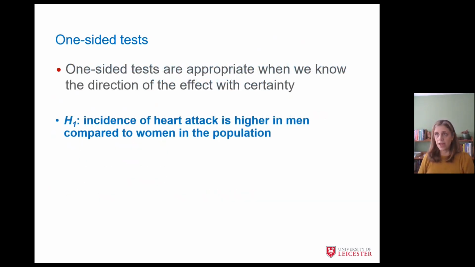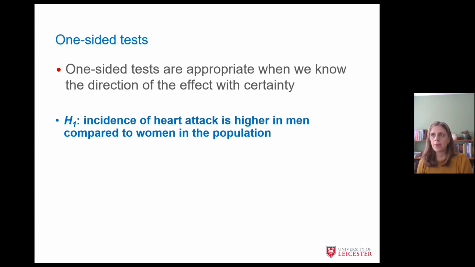There is an alternative though, which is doing a one-sided test. And this time, instead of our alternative hypothesis being that there's a difference, we're saying that incidence of heart attack is higher in men compared to women. So we're only allowing the difference to occur in one direction. One-sided tests are quite unusual.